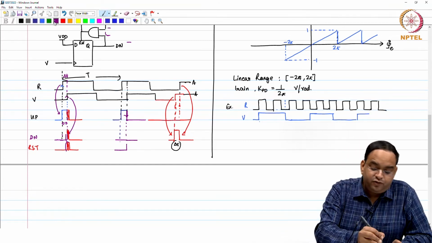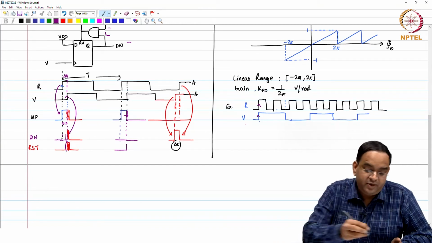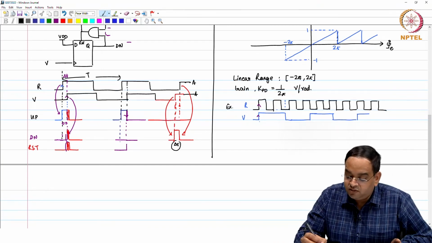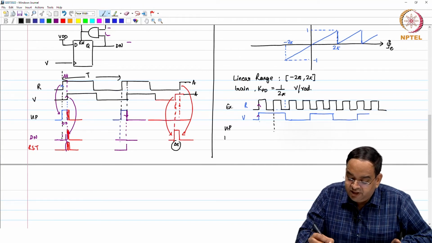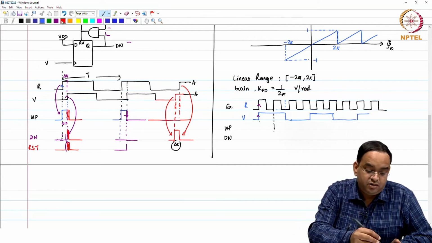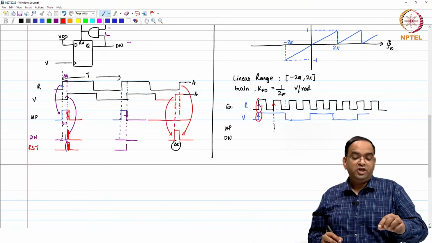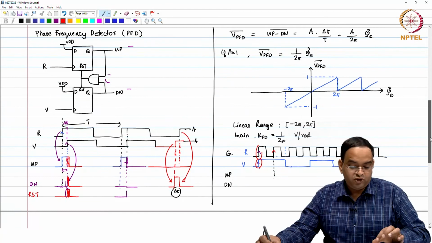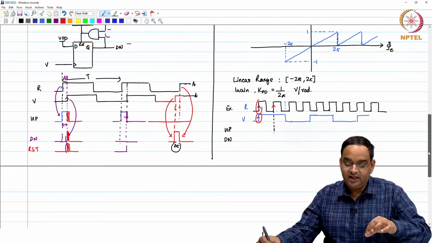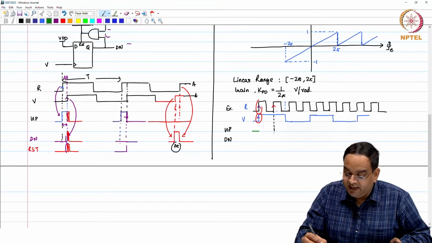So, in this case what you see is initially R and V both get the rising edge at the same time. So, what is going to happen when you get your rising edge? When you have a rising edge on R and a rising edge on V both, you can think ideally both the flip flop outputs will go to 1 and then they will both go to 0 because the reset will get active.